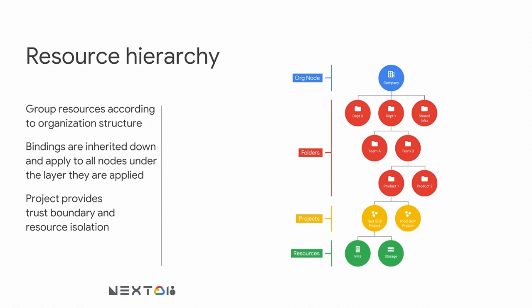So we have now talked about our permissions and how we combine them into roles, how we bind them to users, our members, and now we talk about hierarchy. All of these can be granted in a hierarchy, and this is core to how Google does identity and access management. You can grant these policies literally anywhere in your resource hierarchy.